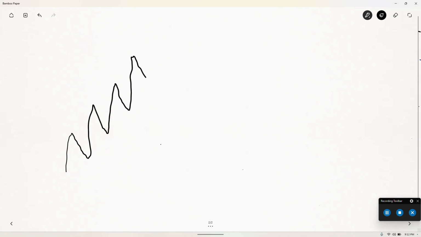In a trending market, you will see something like this. Sorry about my drawing. All right. When you see something like this, it means that this is an uptrend.